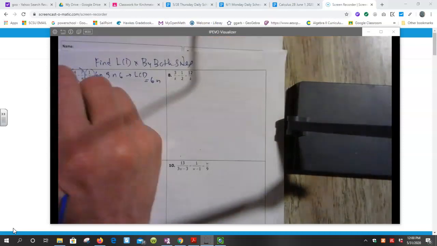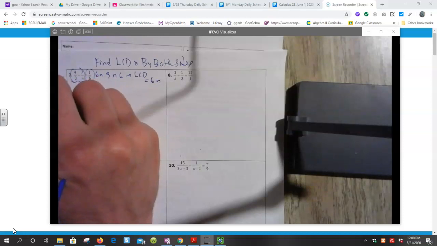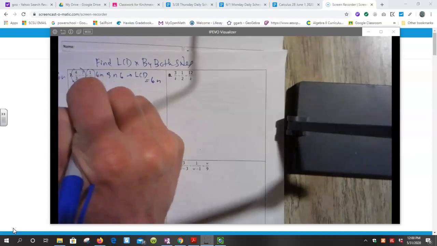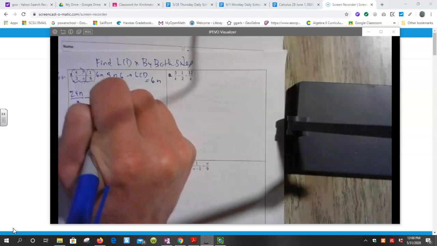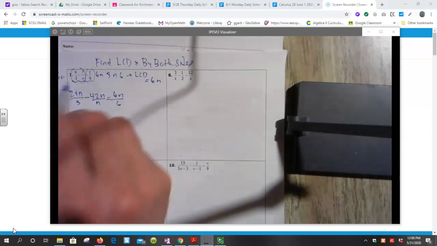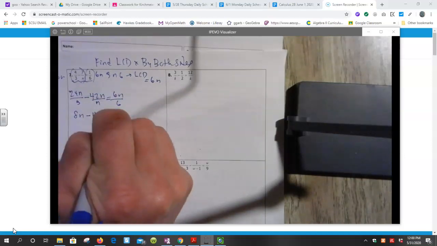So we'll do that. If we multiply by 6n, we're going to get 2n times 4. So it's going to be 24n over 3 minus 42n over n is equal to 6n over 6. Now we simplify and we get 8n minus 42 equals n.